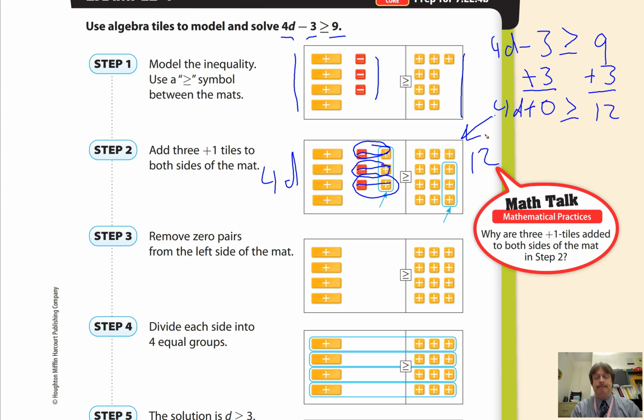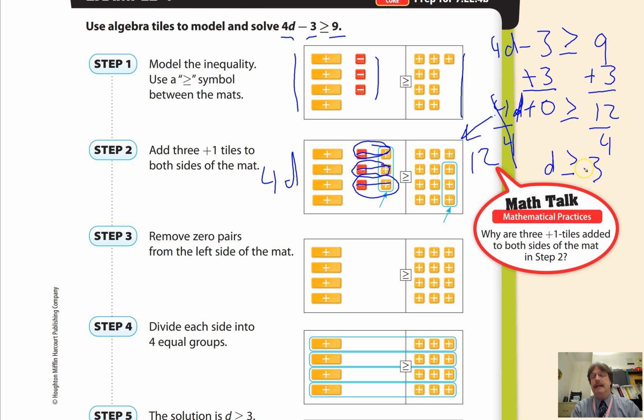The next step, they've removed the zero pairs. Okay, so we're down here. And then we take the 4 and we group them, because that's what we have in division. This is our d. We're going to divide by 4 for grouping. So they cancel out. We're left with 1d, and that's going to be greater than or equal to 12 divided by 4, which is 3.